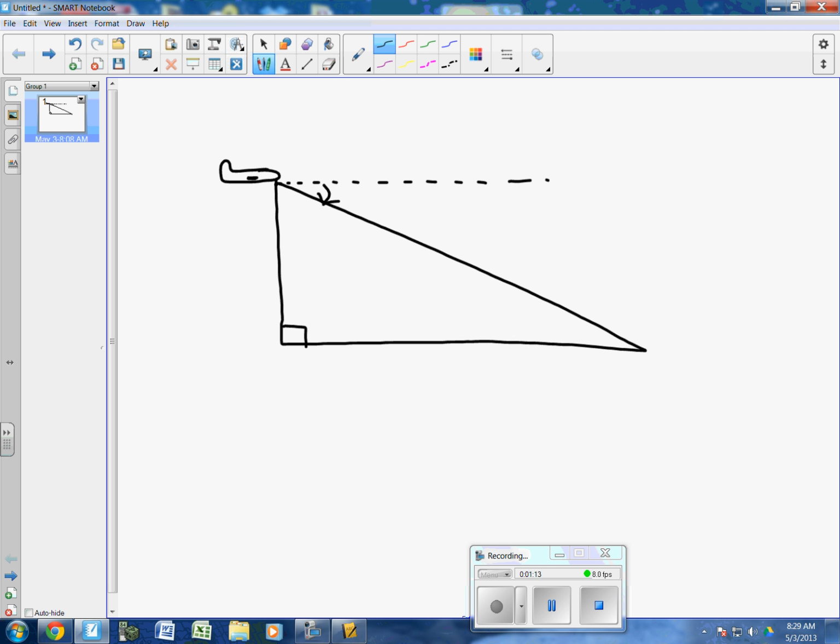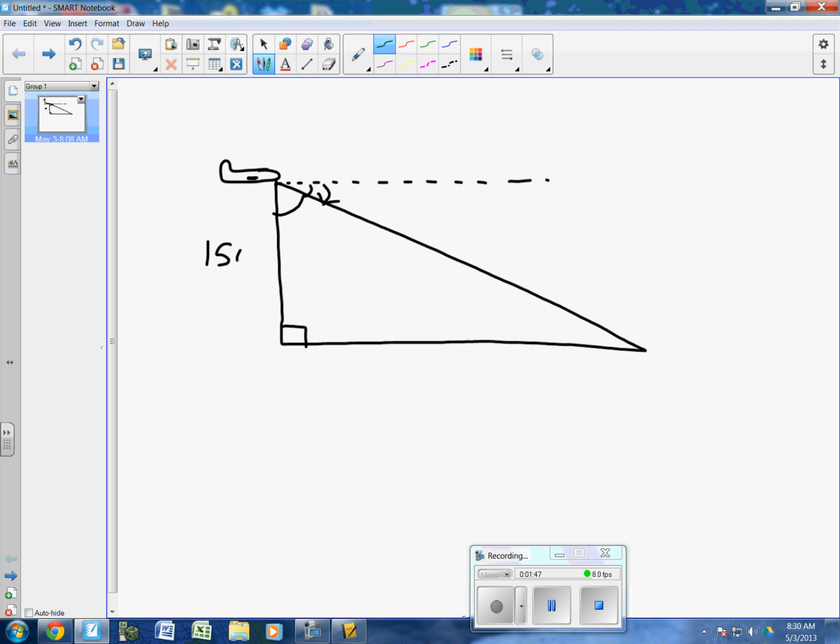Now, how does this angle right here and this angle up here relate? They're not the same. They add up to 90 degrees, so we call them complementary angles, right? What does it give us? 1,500 feet.